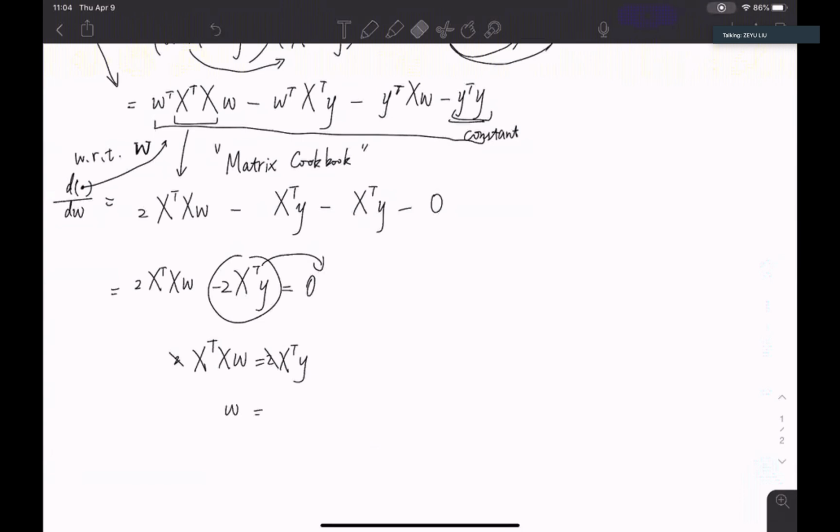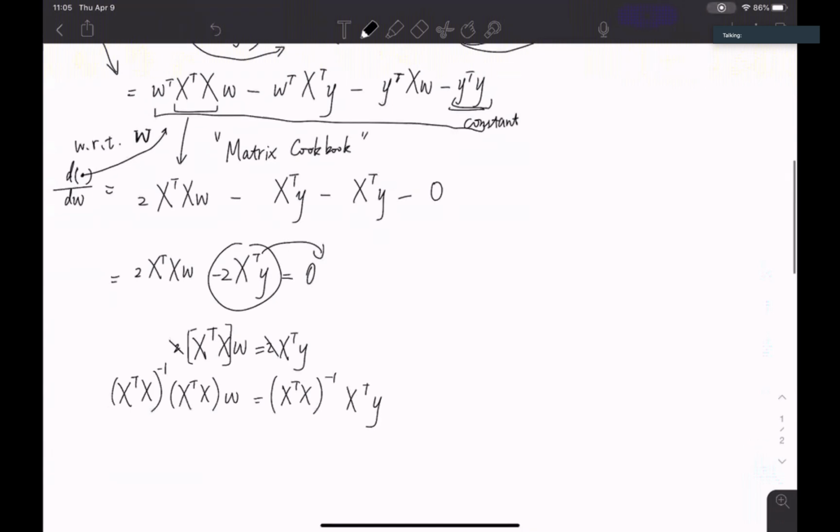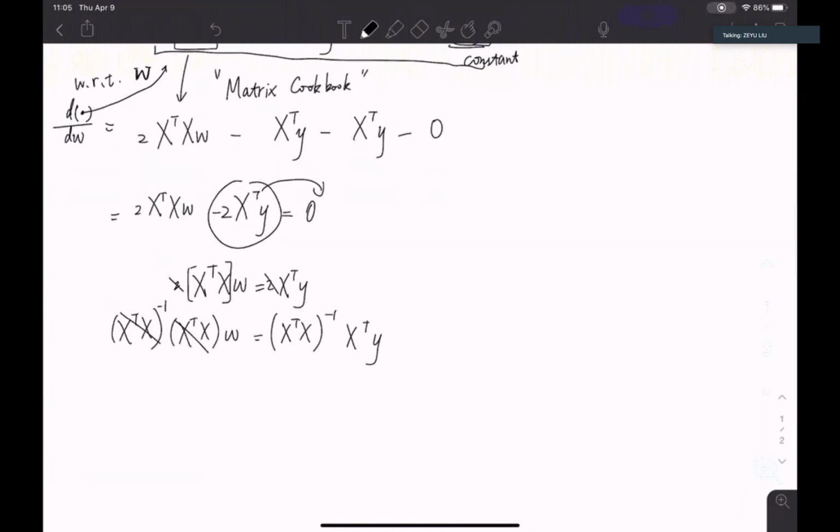Now we have this W. So we can treat this as a single matrix, and left times its inverse. And this one will be, well, not cancel, but this will be identity, which equals W itself.